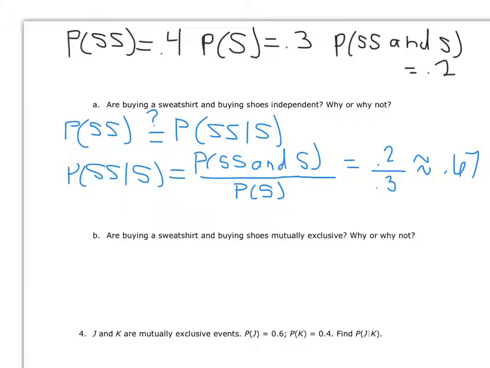Okay, so the probability that they buy a sweatshirt given they buy shoes does not equal the probability that they buy a sweatshirt. So these are not equal, and so they're not independent, and it's because we don't have equality of these two probabilities.